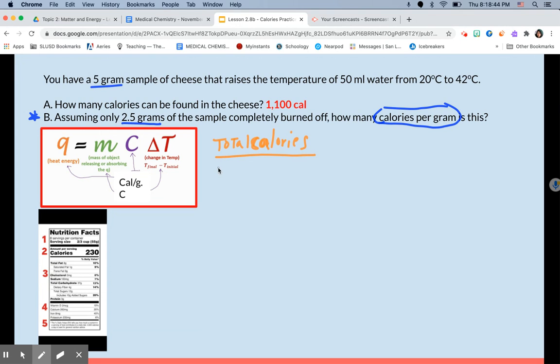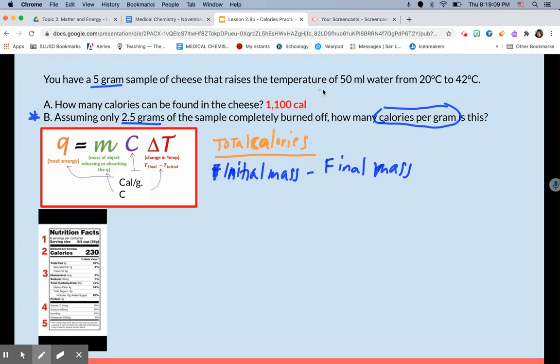So it would be the mass of the food, the initial mass minus the final mass of the food, right?